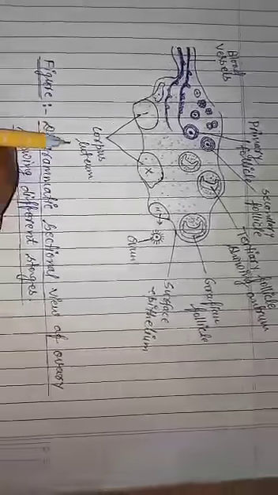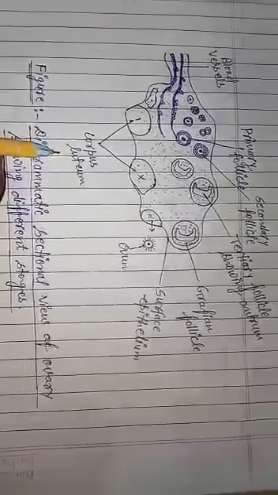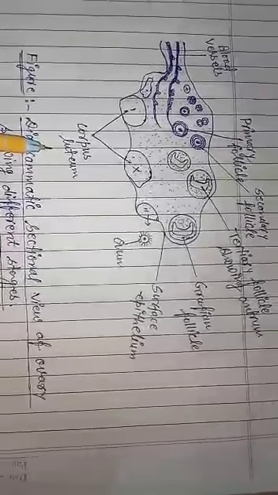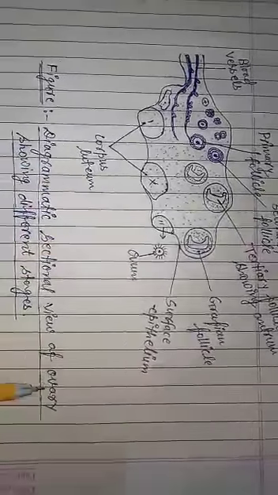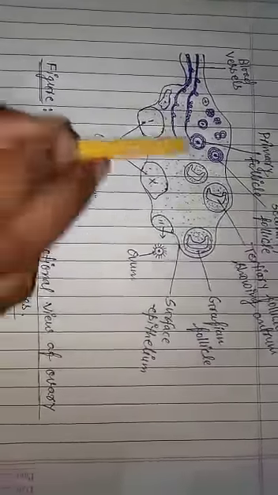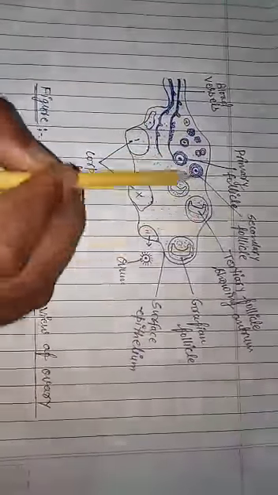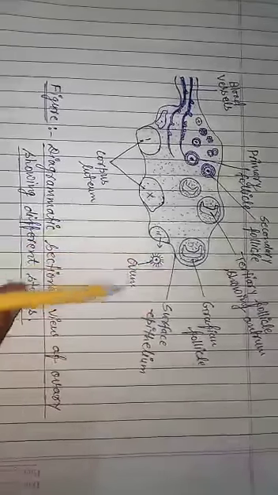See students, the corpus luteum acts as an endocrine gland and secretes progesterone, which is essential for maintenance of the endometrium. This is the diagrammatic sectional view of the ovary showing different stages. You see all the parts labeled: blood vessels, primary follicle, secondary follicle, tertiary follicle, then Graafian follicle, and then the ovum is formed.